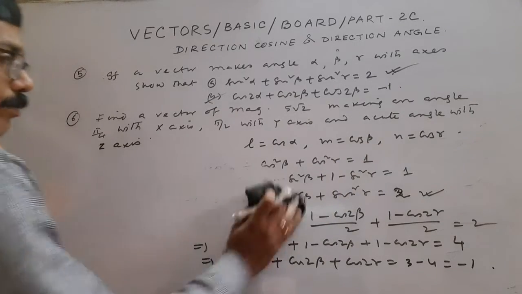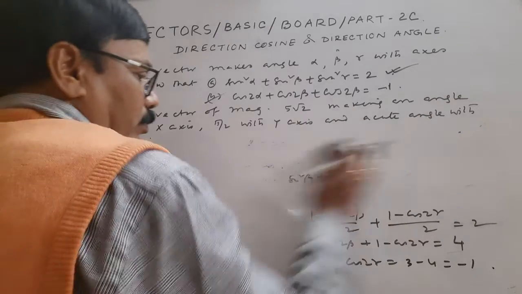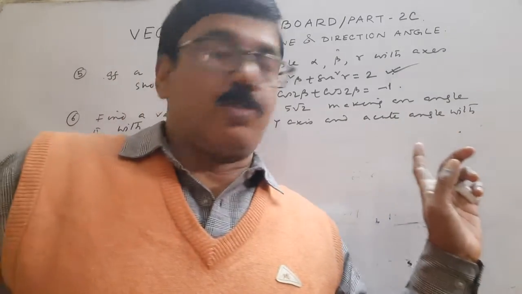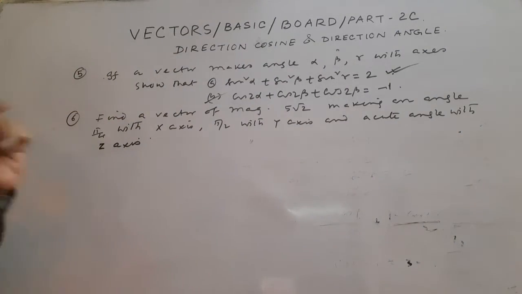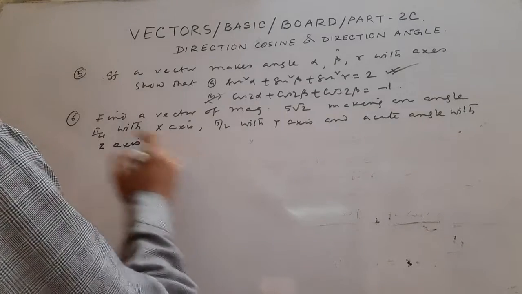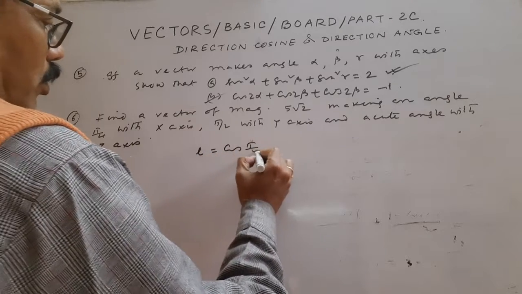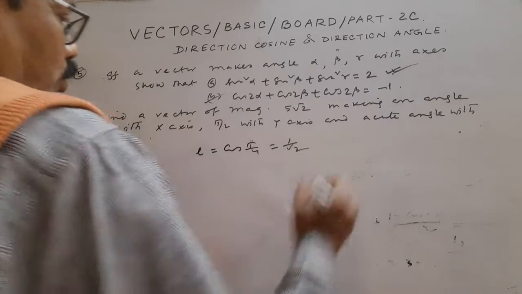Now the last one. Find a vector of magnitude 5 root 2, making an angle pi by 4 with the x-axis. So l equals cos pi by 4, which equals 1 by root 2.